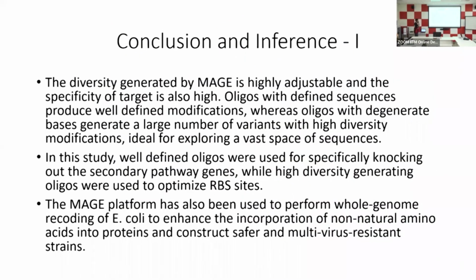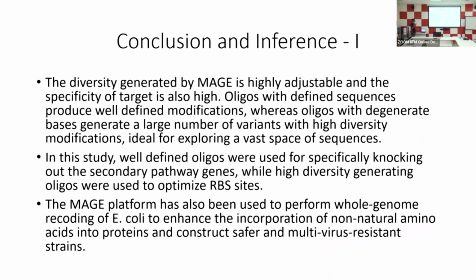So concluding, the diversity generated by MAGE is highly adjustable and the specificity of the target is also high. So basically, when we need to generate a high variation in sequences, we use highly degenerate oligonucleotides, while if we need to specifically engineer some sequence inside the genome, then we use highly specific oligonucleotides.